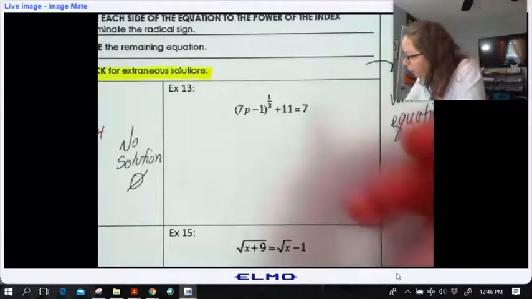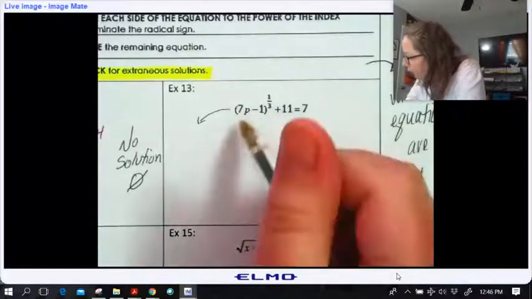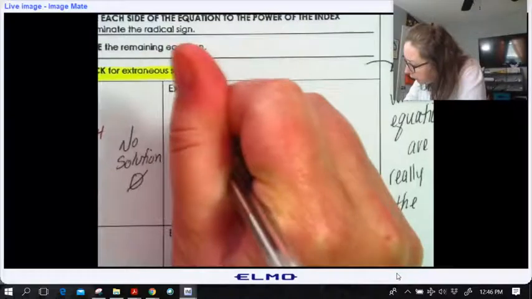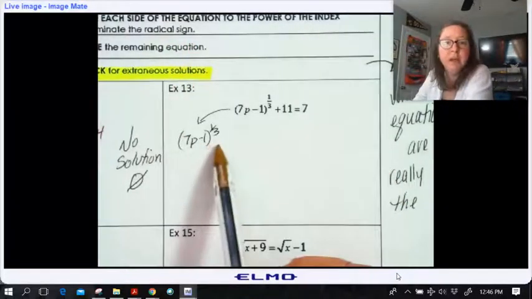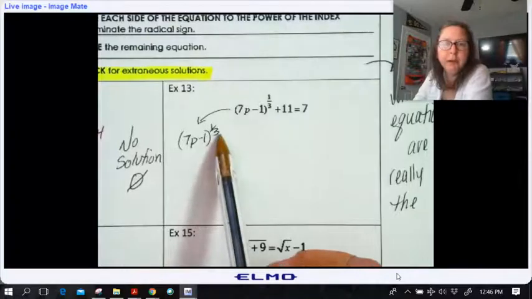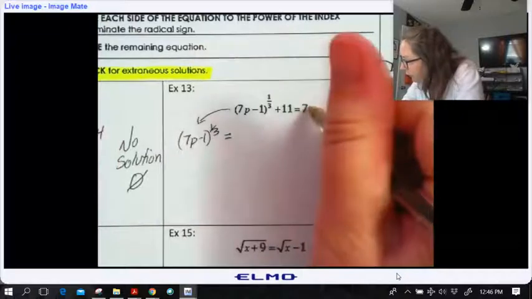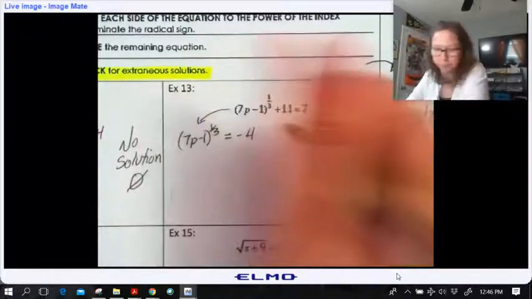So I'm going to come over to the left to do my work. I have 7p minus 1 to the 1/3 power. That's the same thing as the cube root, by the way, equals 7 minus 11 is -4.